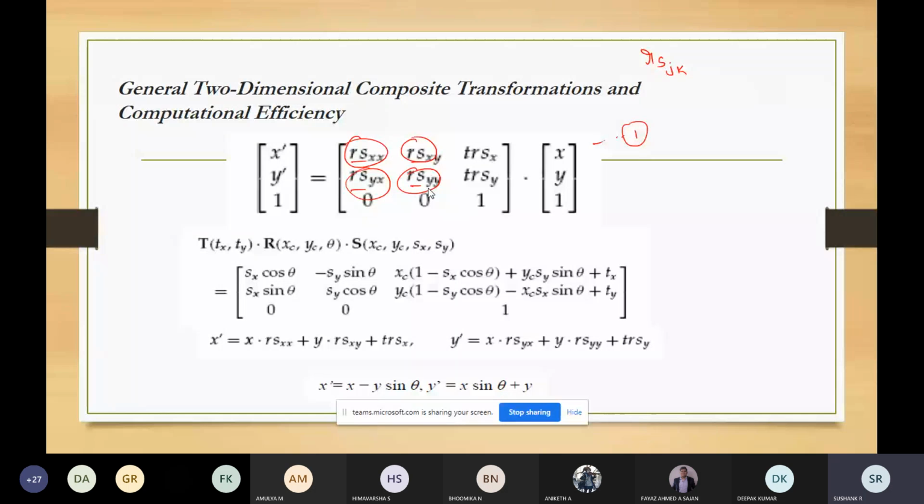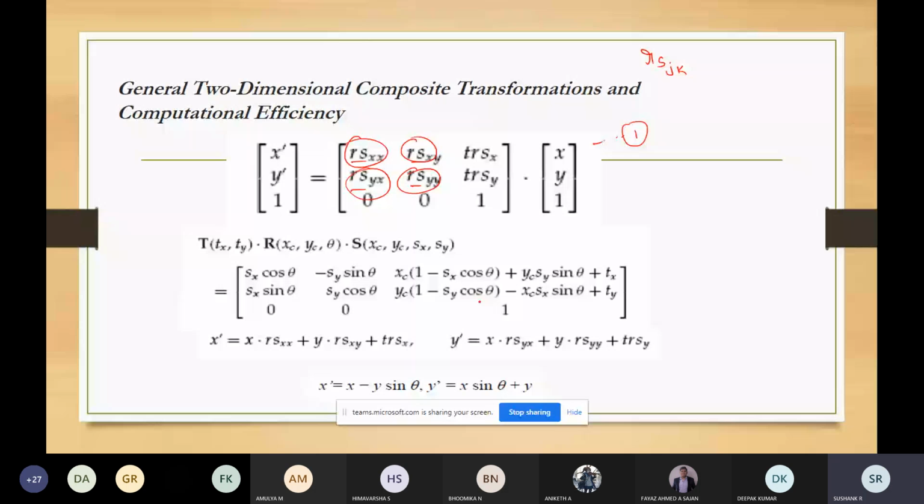The first four elements, represented by rs with subscript jk, are the multiplicative rotation and scaling terms.